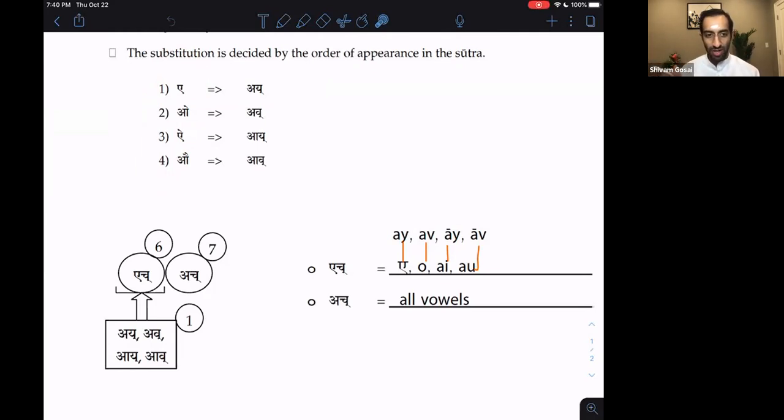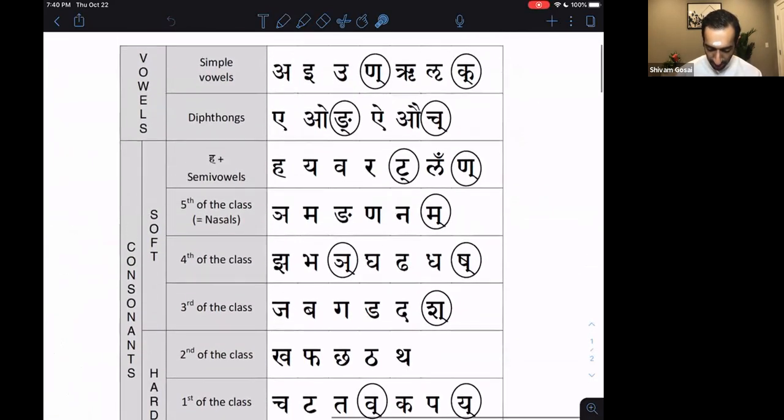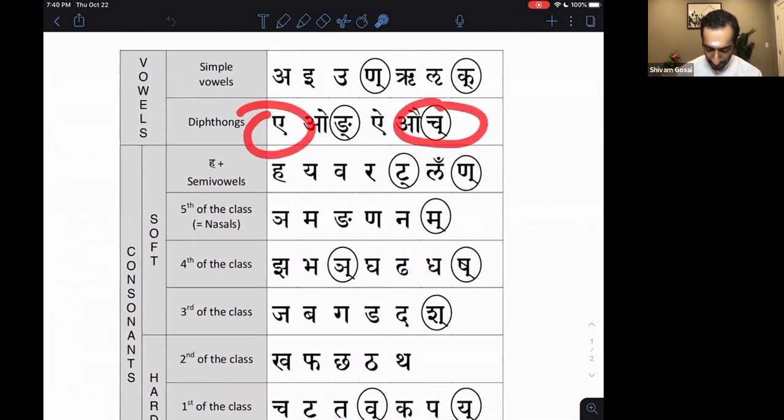All right, so when ec is followed by ach. What is ach? I hope we know this by now. Ach, we're doing ach sandhi. Ach means all vowels, right? All the vowels. This is in our Maheshwara Sutra chart, right? Ec, e, o, ai, au. And then ach is all the vowels.